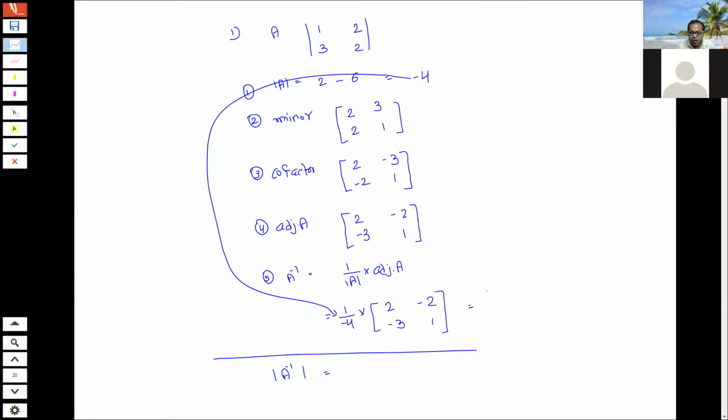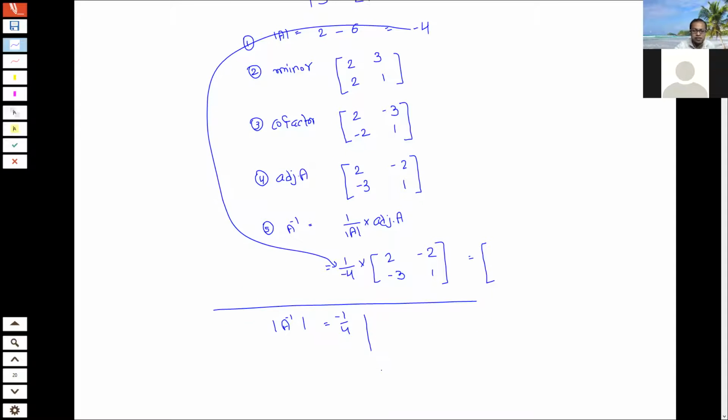Now we have to find the determinant of A inverse. So we can do one thing. In the determinant, 1 upon minus 1 by 4 as it is, and I need to find the determinant of this. Or we can do one thing, we take it inside. Let us find the determinant.